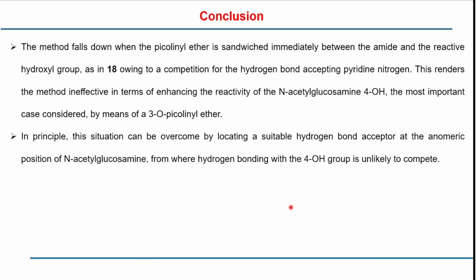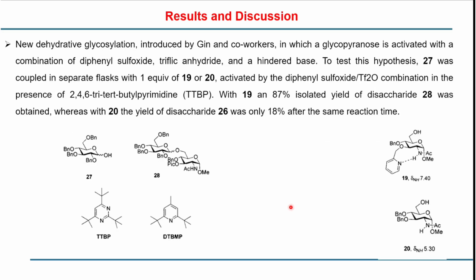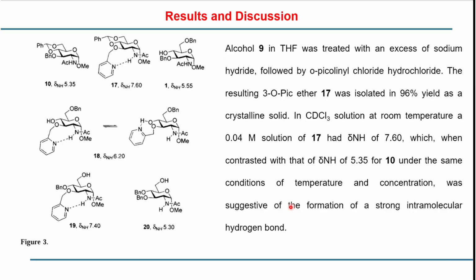In conclusion, they increased the reactivity by installing a heterocyclic functionality at C3. But in the case of 18, there was a competition between intramolecular hydrogen bonding with the C2 amide and the C4 hydroxy, so this acceptor or this method did not work out well.